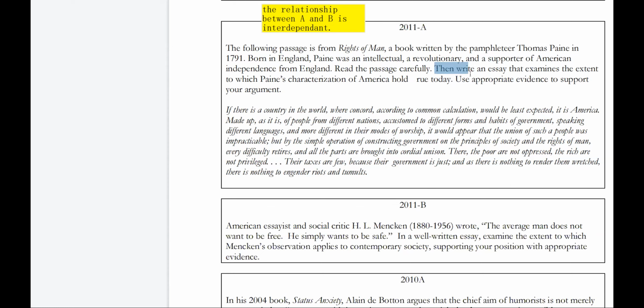Then write an essay that examines the extent to which Paine's characterization of America holds true today. And then we are supposed to use appropriate evidence. Forget about that one, all right?